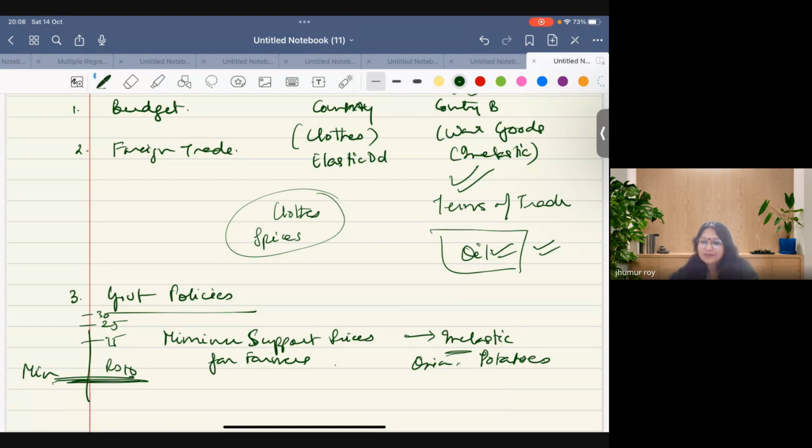Okay, so that completes your first area, which I said I will talk about, which is the elasticity of demand. So if there are any questions, I'll just give you 1 minute, and then I'll start with the next topic. If there are any questions or anything that you want to ask me, you can do that, and then I will start with the next portion, that is demand forecasting.